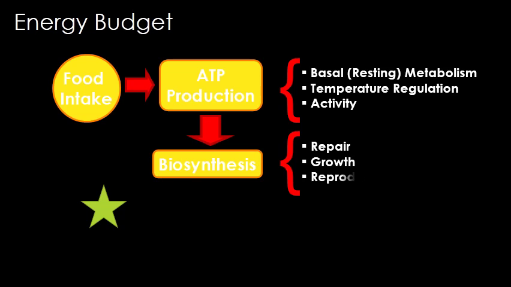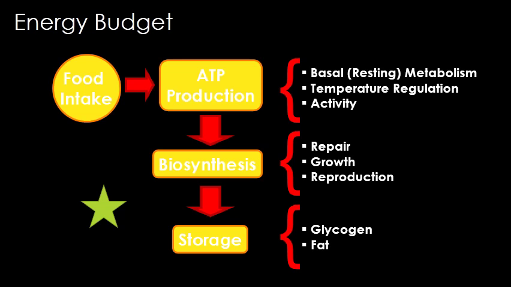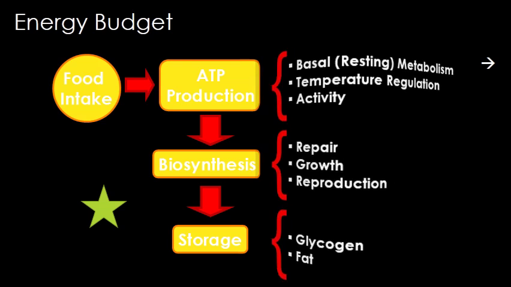Once you have done that, you'll go through biosynthesis, which will repair, grow, and reproduce anything that makes new molecules, and then whatever is left over goes into storage. And in animals, we store it as either glycogen, which is a sugar, or fat.